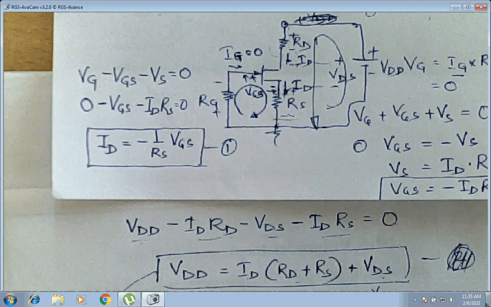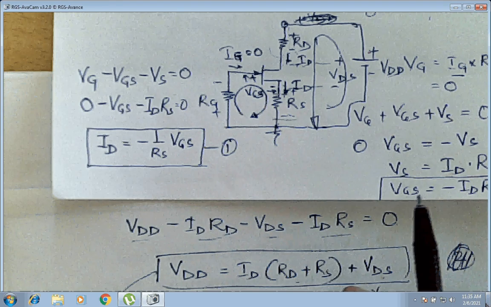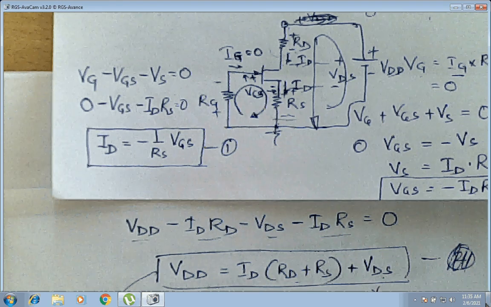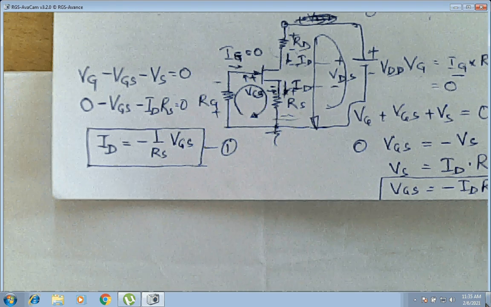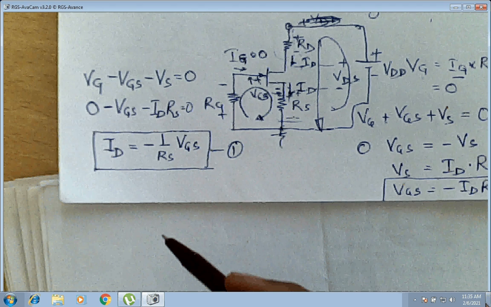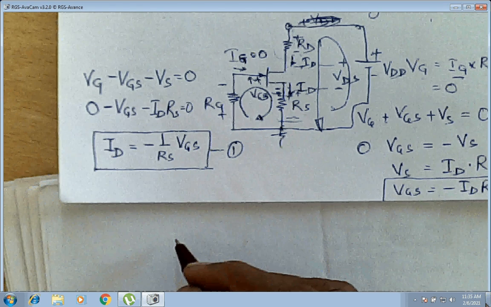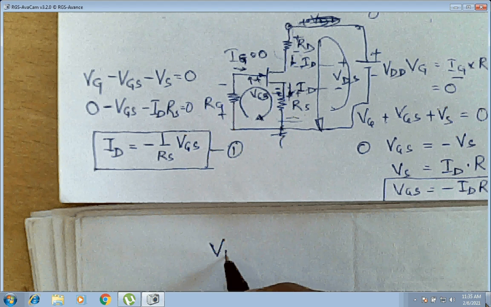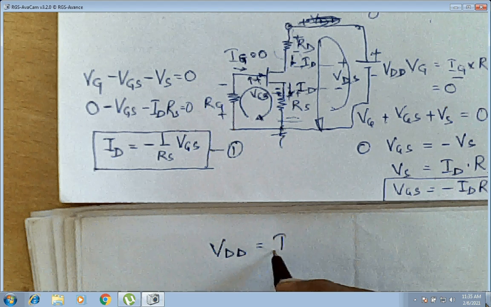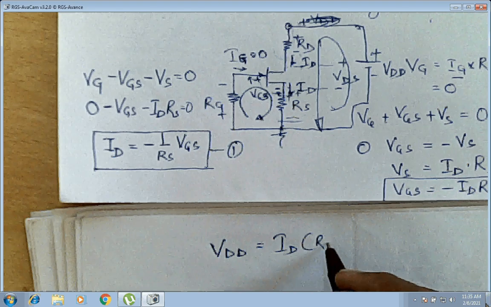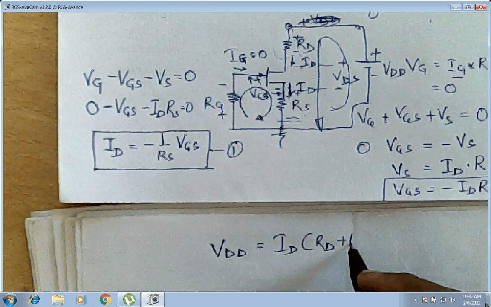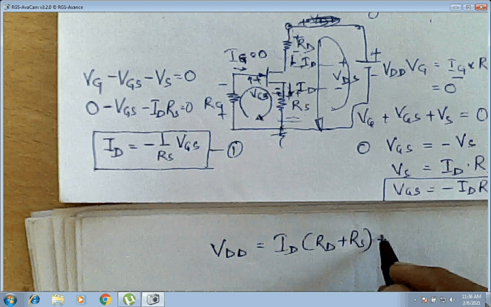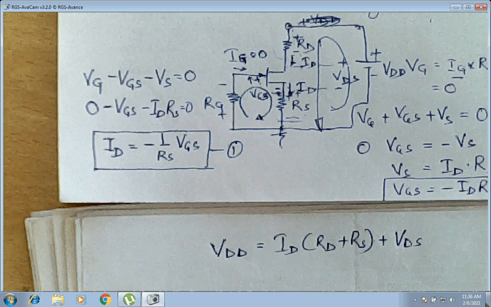Again, I'll simplify that equation and make it in a different form. That different form which we had got, what was that? VDD is equal to ID into bracket RD plus RS plus VDS. This is the equation we have got here.